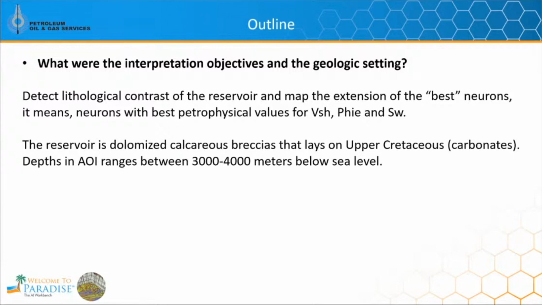The reservoir, in this case, is dolomized calcareous breccias that lay on the upper Cretaceous section, which are carbonates, and the depth in the area of interest ranges between 3,000 and 4,000 meters below sea level.